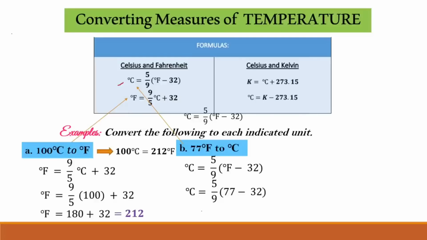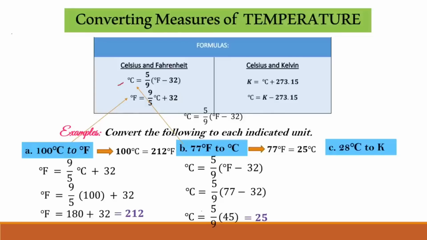We simplify 77 minus 32 and then we multiply the result by 5/9. So we have 5/9 times 45. The result is 25. So we can say that 77 degrees Fahrenheit is equal to 25 degrees Celsius.